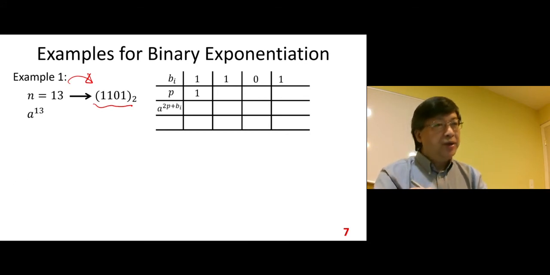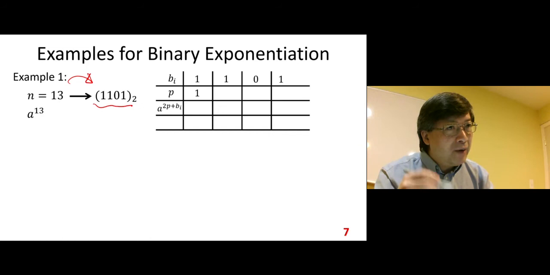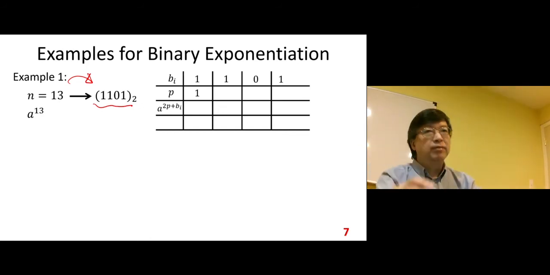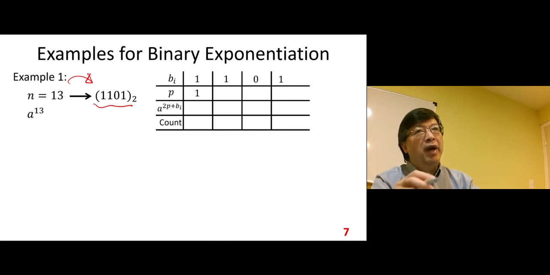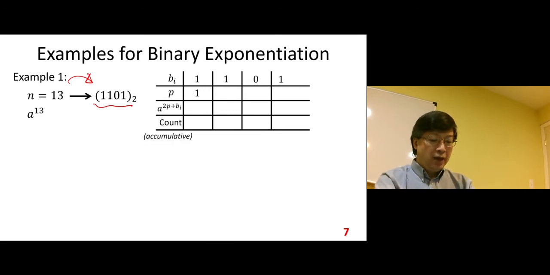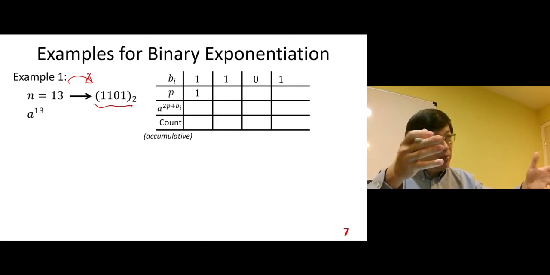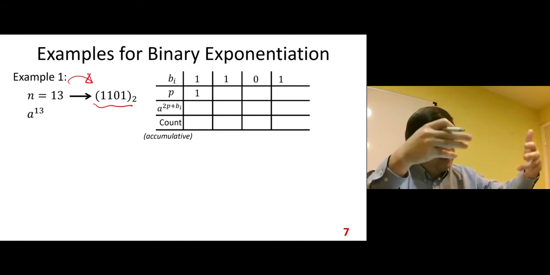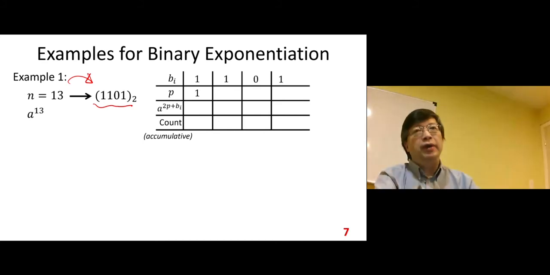Then a to the 2P plus BI power, because every time we need to evaluate this value. We also count the number of multiplications, in an accumulative way: every step we add a few more to the current total, and at the end we get the total number of multiplications.